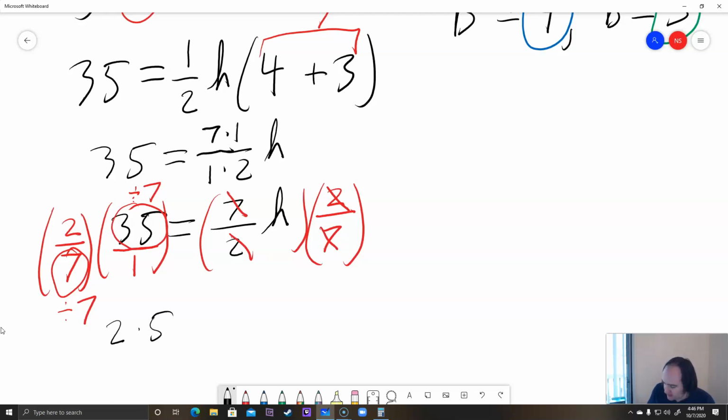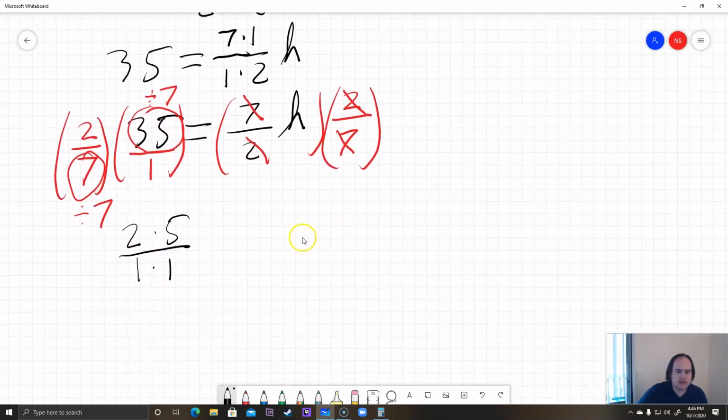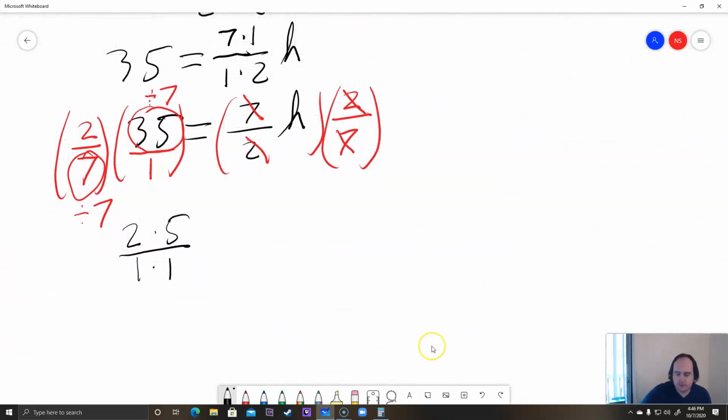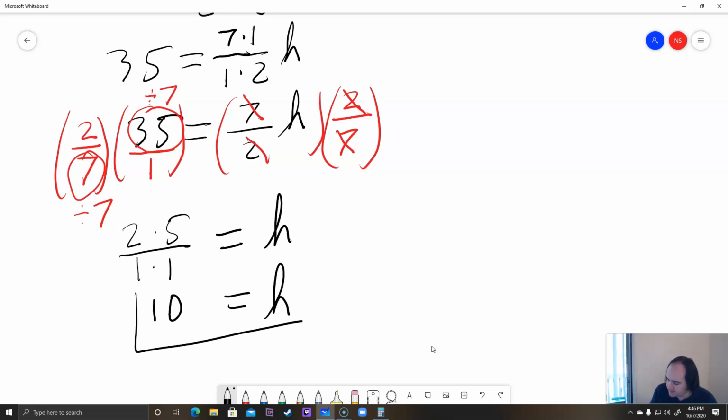So we're going to have 2 times 5 on the top, and then 1 times 1 on the bottom. So that's just going to give us 10 over 1. And 10 over 1 is just 10. Any number over 1 is the number. Okay? So we're actually just going to get h equals 10. Okay. Cool.